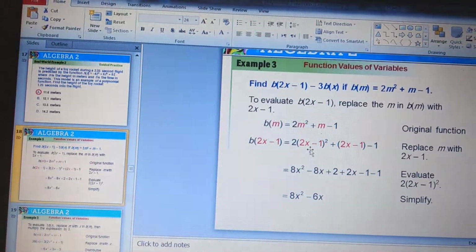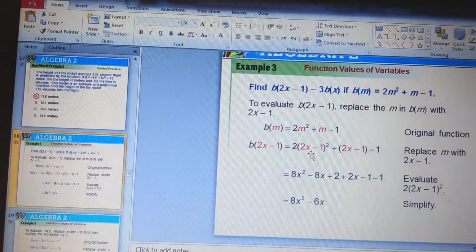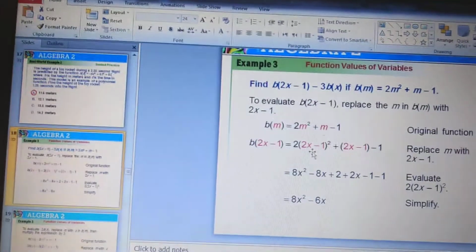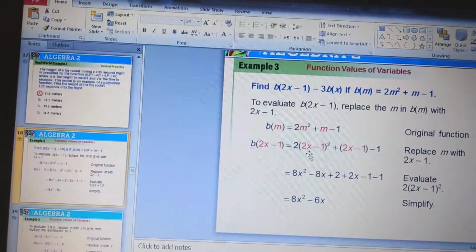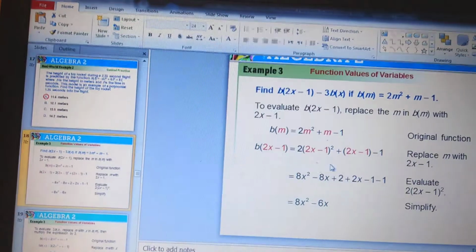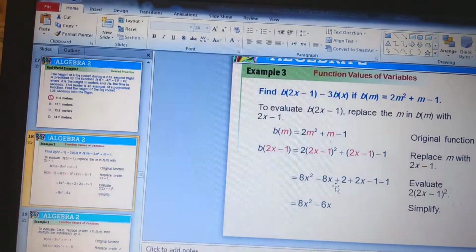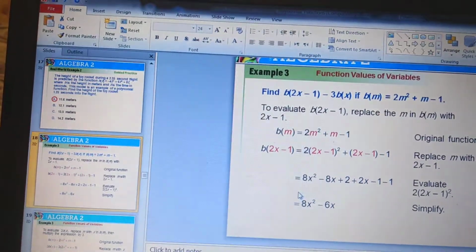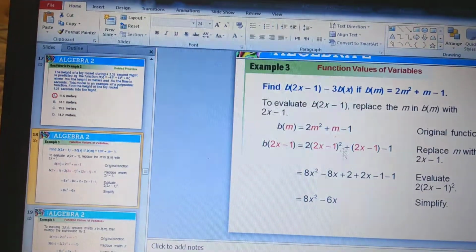We can write (2x minus 1) multiply (2x minus 1), or we can make the first one power 2 minus 2 times the first times the second plus the second one power 2. This will be 4x squared minus 4x plus 1. But because it is multiplied by 2, it will be 8x squared minus 8x plus 2, plus 2x minus 1 minus 1. After I simplify it, I will get 8x squared minus 6.